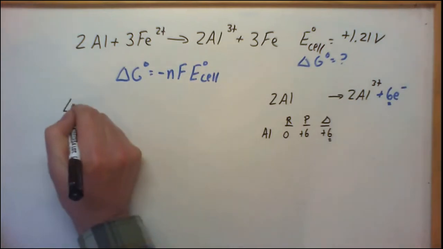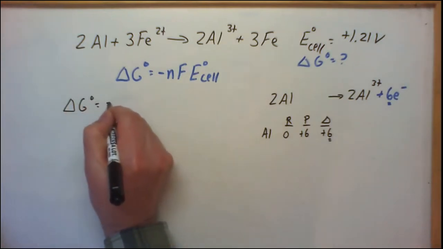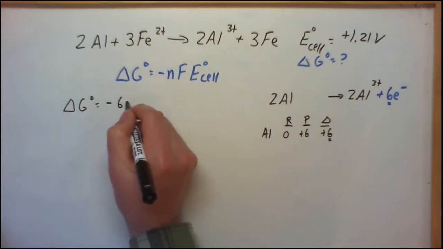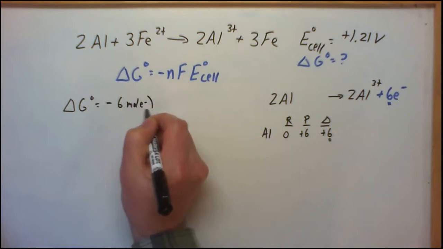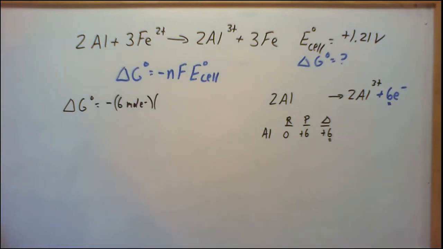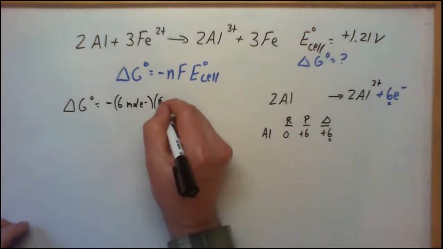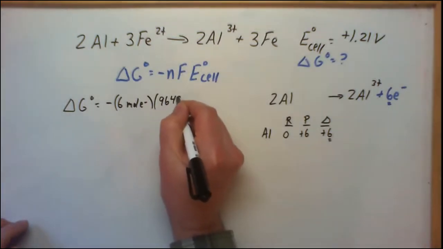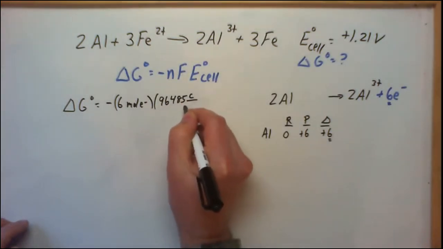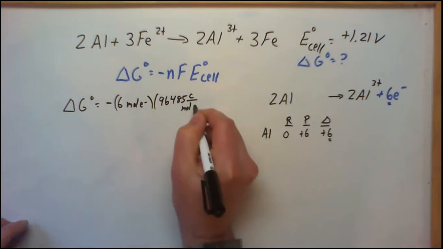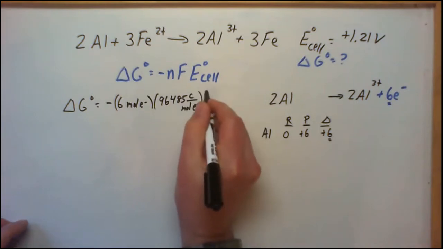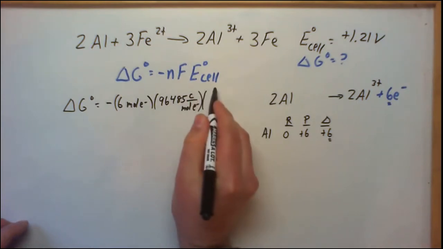So our calculation becomes delta G equals negative 6 moles of electrons times Faraday's constant, which is 96,485 coulombs per mole of electrons, times the standard cell potential.